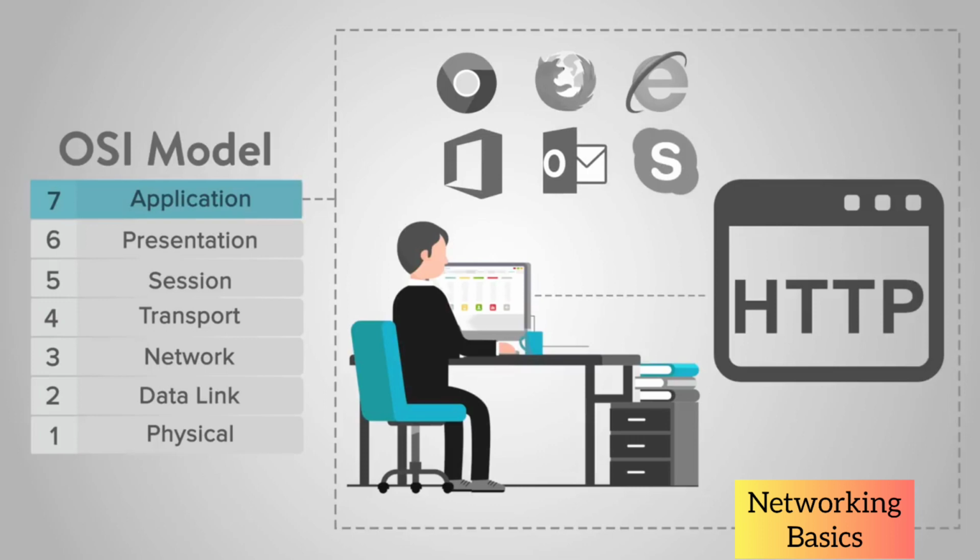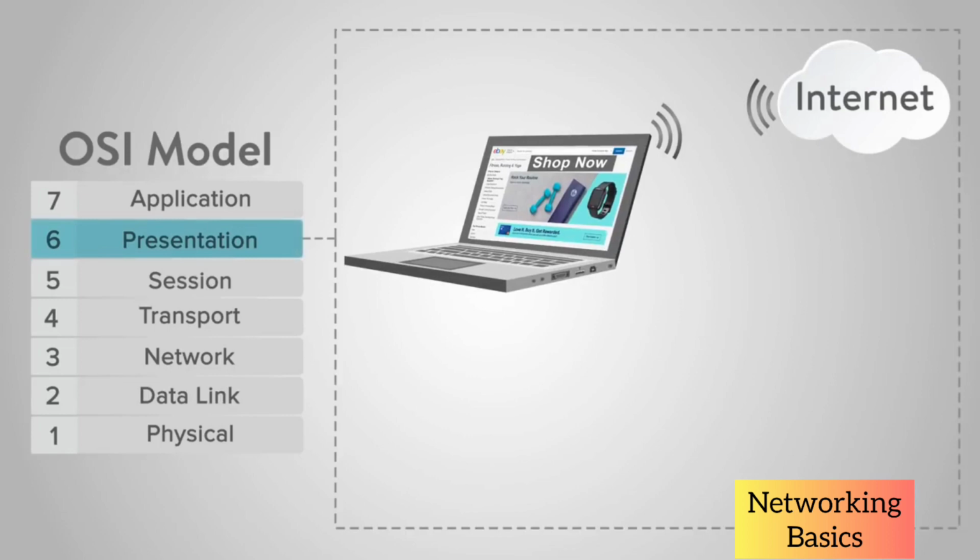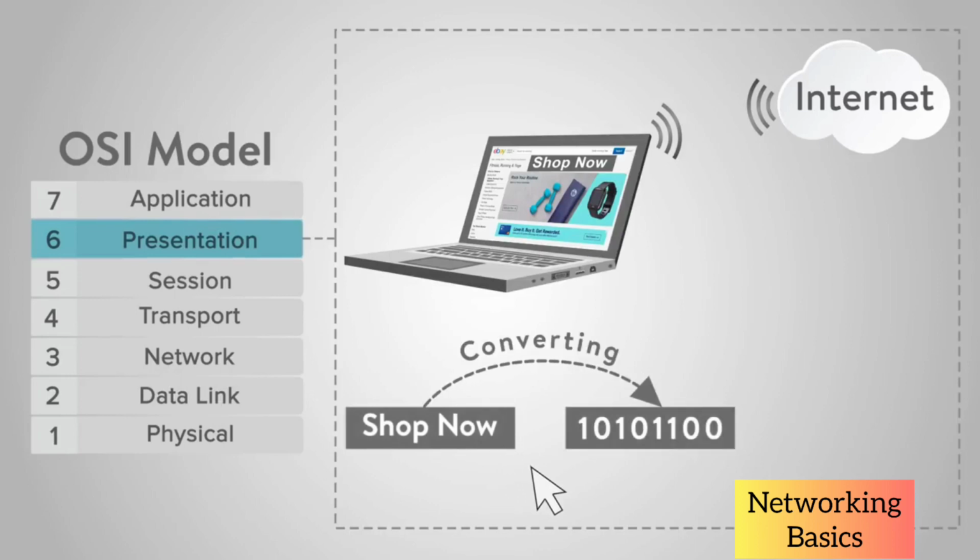All of those interactive applications provide a set of services that allow the application layer to supply data to and receive data from the presentation layer. The presentation layer, or layer 6, performs the uncomplicated task of syntax processing, or converting data from one format to another. For example, consider you're ordering something from an online store.